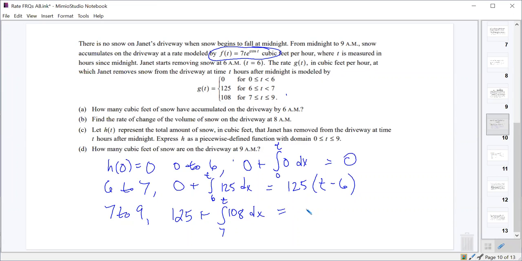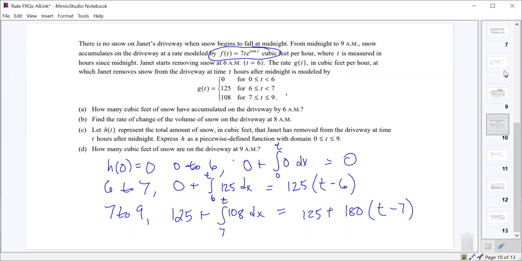And so that ought to be 125 plus 108 times t minus 7 for your definite integral there. And so you'd write this out as a piecewise defined function. From 0 to 6, h is equal to 0. From 6 to 7, h is equal to 125 times t minus 6. And from 7 to 9, h is equal to 125 plus 108 times t minus 7. Does that make sense to everyone?